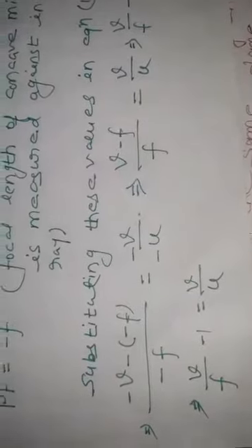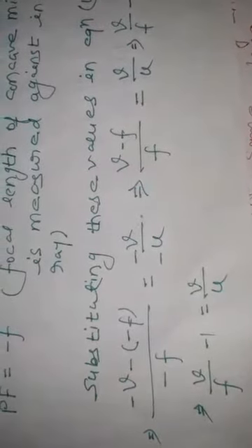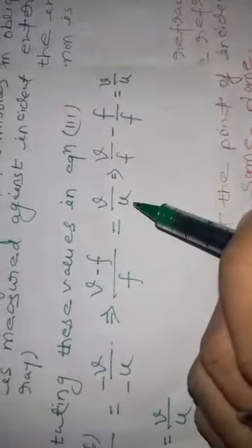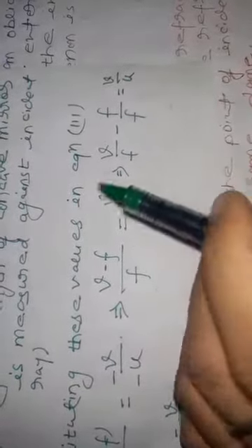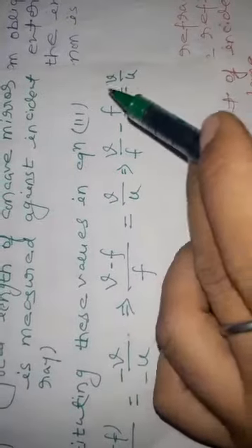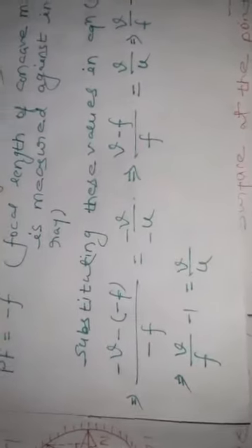Substituting these values in equation number 3, PA dash minus PF upon PF equals PA dash upon PA, we get minus V minus of minus F divided by minus F equals minus V upon minus U. So it becomes V minus F upon F equals V upon U, or separating the denominator, V upon F minus F upon F equals V upon U. Finally we get V upon F minus 1 equals V upon U.